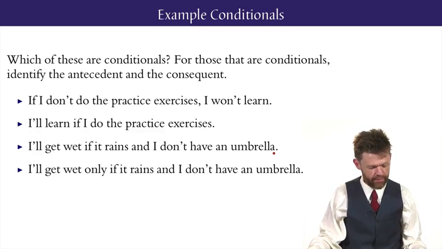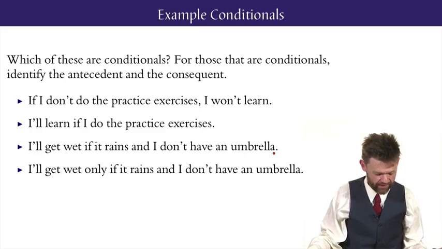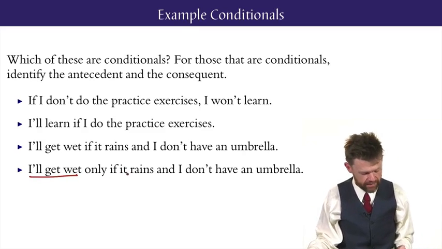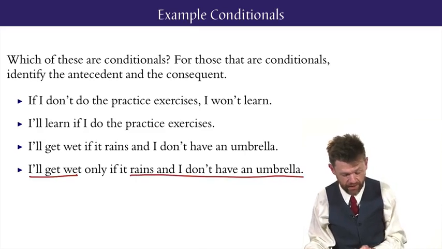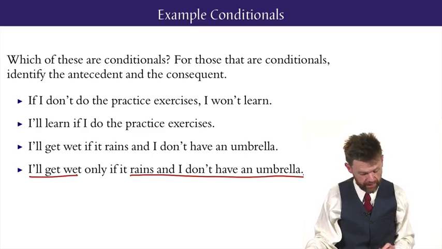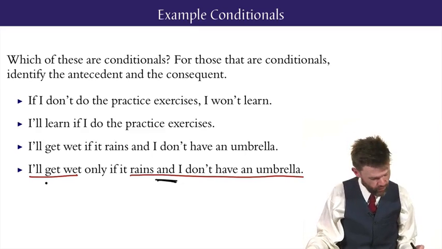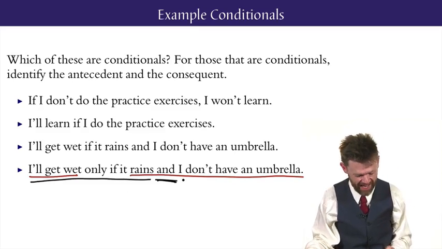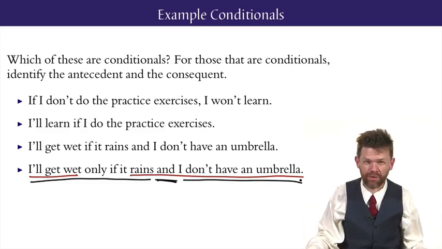Again, this is ambiguous between the conditional, I'll get wet, that's the antecedent, and only if marks the conditional, and it rains and I don't have an umbrella is the consequent, or it might be a conjunction where the one conjunct is I'll get wet only if it rains, and the other conjunct is I don't have an umbrella.